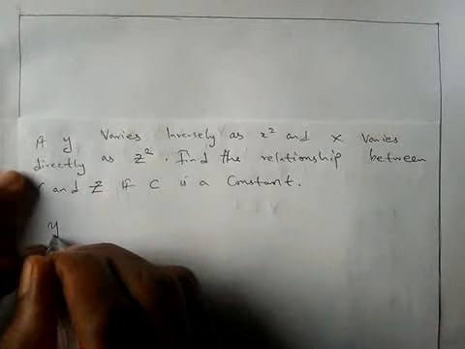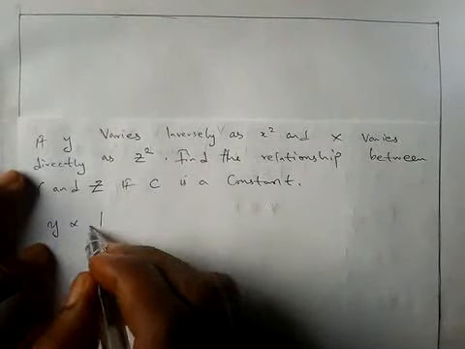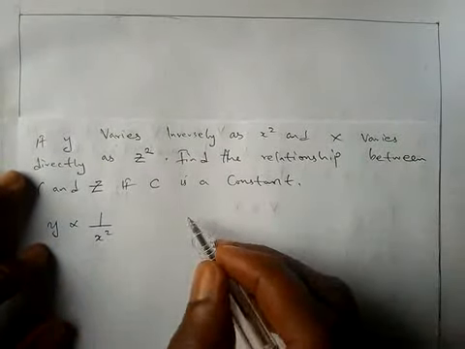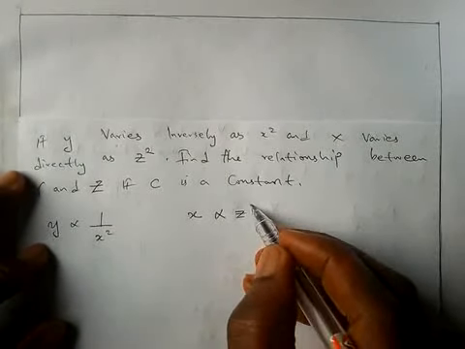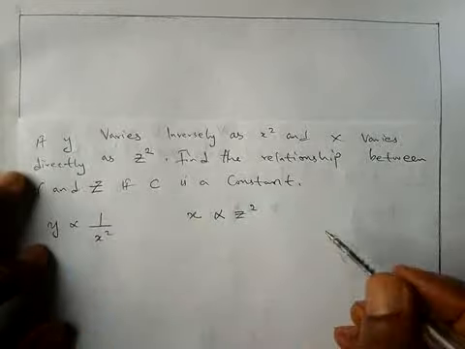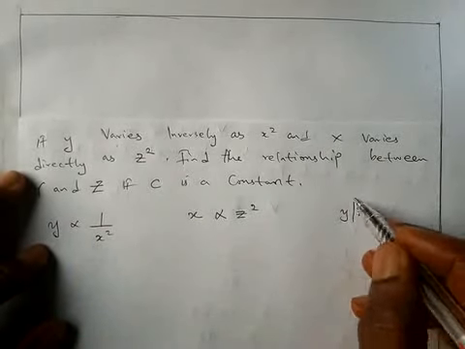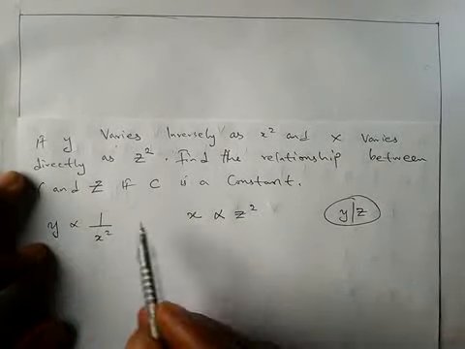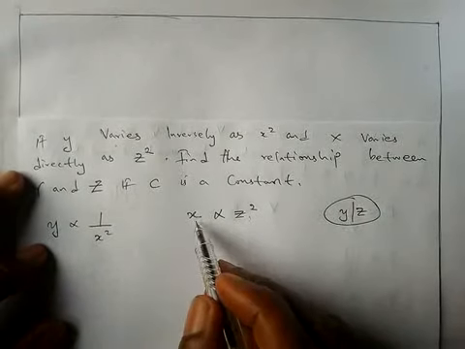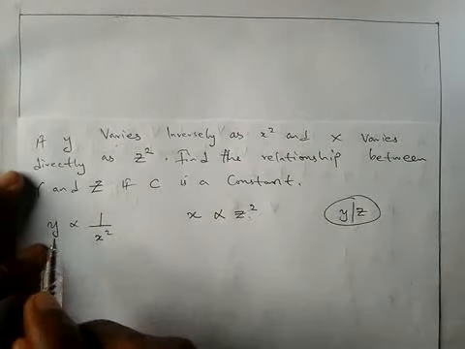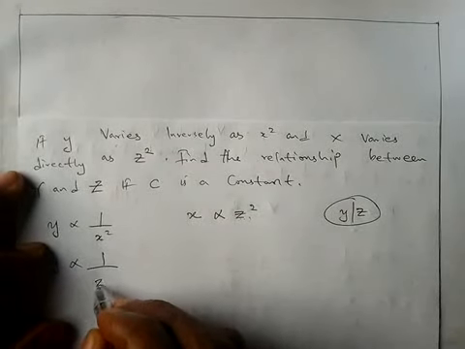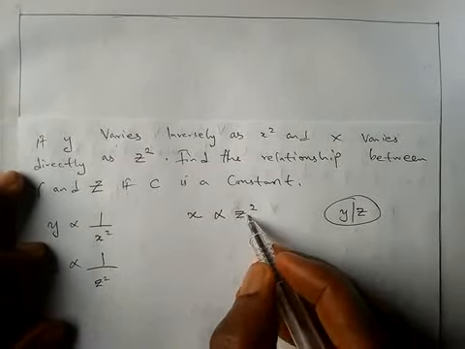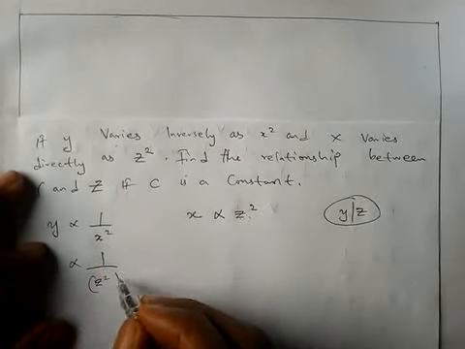Okay, so y varies inversely as s squared and s varies directly as z squared. We want to get a relationship between y and z, meaning we need to remove s. Now you see here s equal to this, so I can put that here. Y is proportional to, in place of s now, I put z squared. S is z squared, then this squared for s.